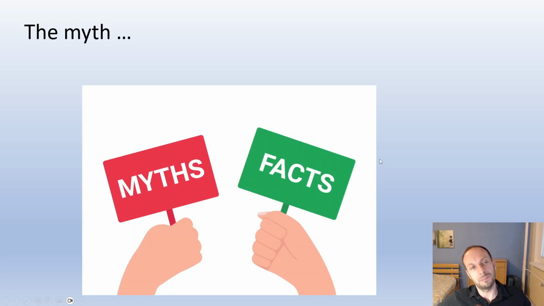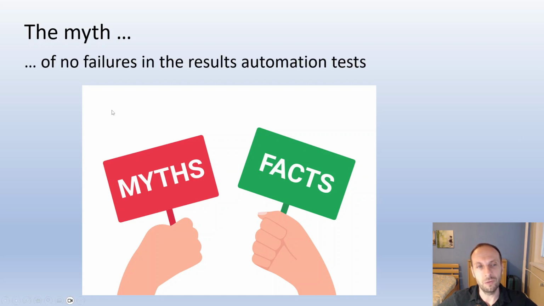I would like to talk also about the myth which we can find when talking about the results of the tests. It is about no failures in the results of automation tests. There are some opinions that there should be no failures in automation tests, and if there is any new failure, we will quickly fix it, so the next day we have green tests again.